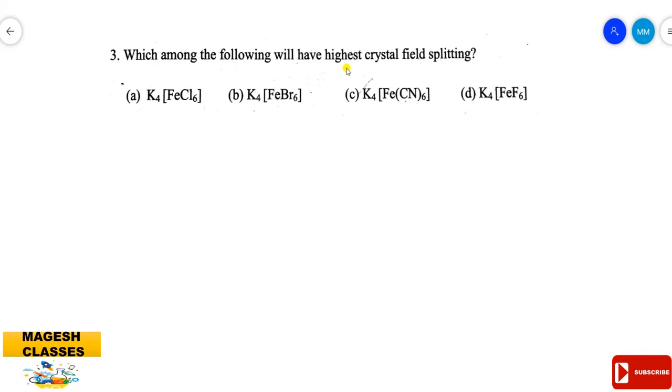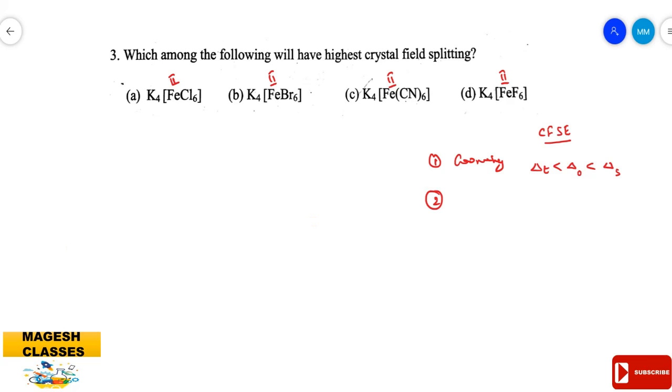Question number 3. Which among the following will have the highest crystal field splitting? K4FeCl6, K4FeBr6. The ferrous ion has the plus 2 oxidation state, and the other is also plus 2 oxidation state. The crystal field splitting energy depends upon the geometry. From geometry, we know the order: tetrahedral, octahedral and square planar.